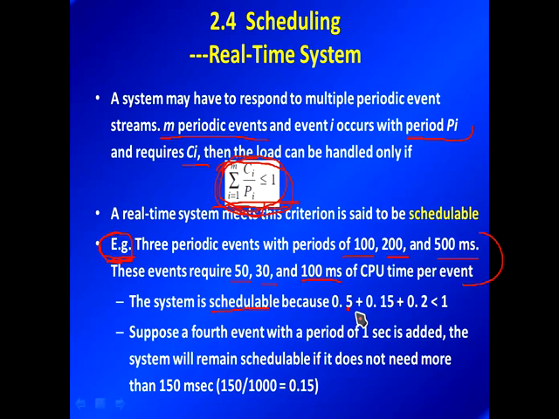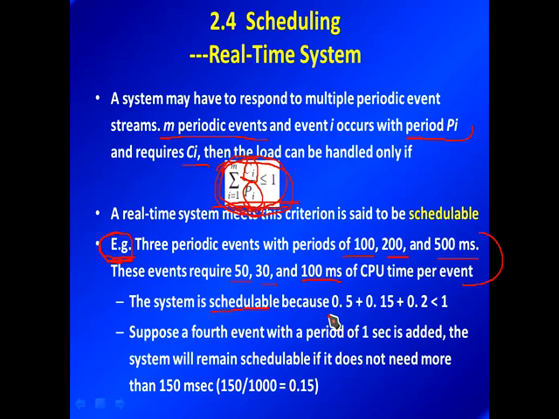For the first event, the period is 100, and the calculation time, actually the C means CPU time, the CPU time it needs is 50 milliseconds. So you can see 50 over 100.